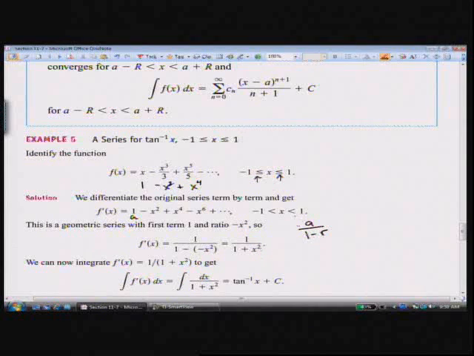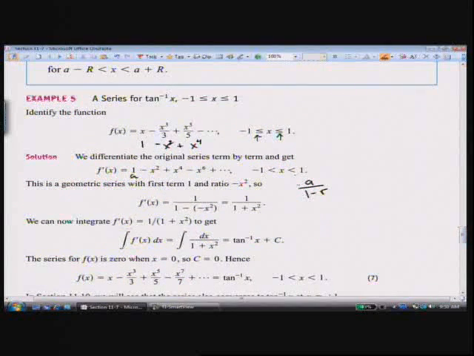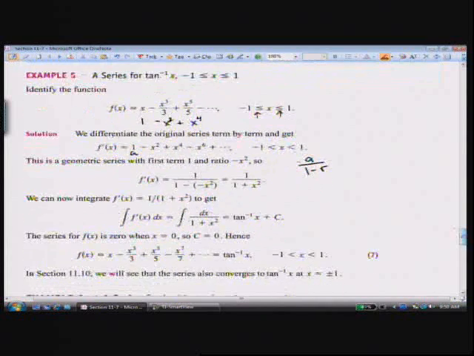Well, if we integrate it, it's the inverse tangent, right? So if I integrate this 1 over 1 plus x squared, I get the inverse tangent. And so it turns out that the series f of x, x minus x cubed over 3 plus x to the fifth over 5 minus x to the seventh over 7, is actually a series that equals the inverse tangent function for x values between -1 and 1.